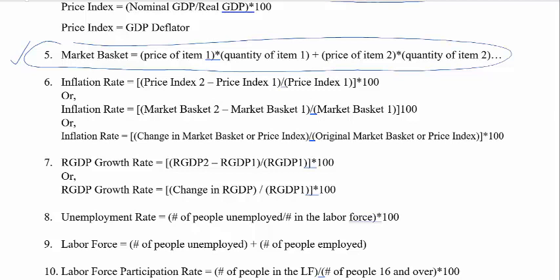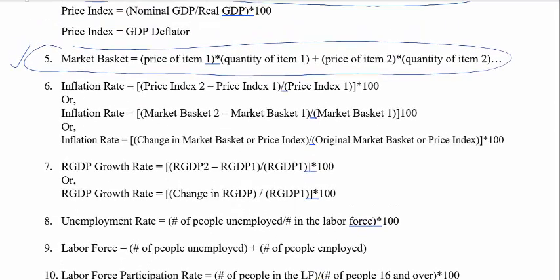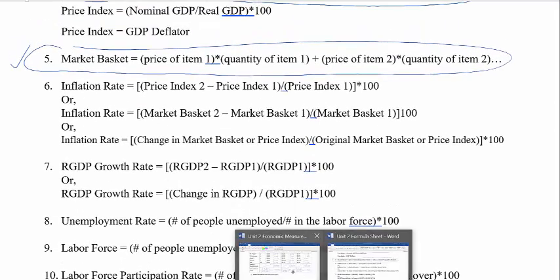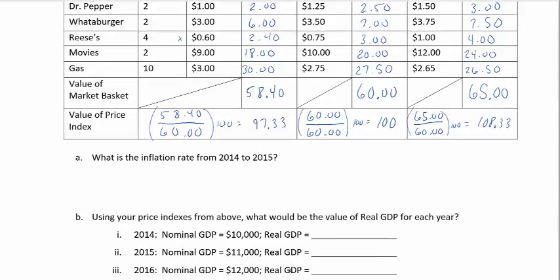Or you can take the market basket and then subtract the first market basket and then divide by the first market basket times 100. Or you can rewrite those two equations as simply the change in the market basket or price index divided by the original market basket or price index. Alright, so we can do it all of those ways. It makes no difference, okay, because we will get the same number.